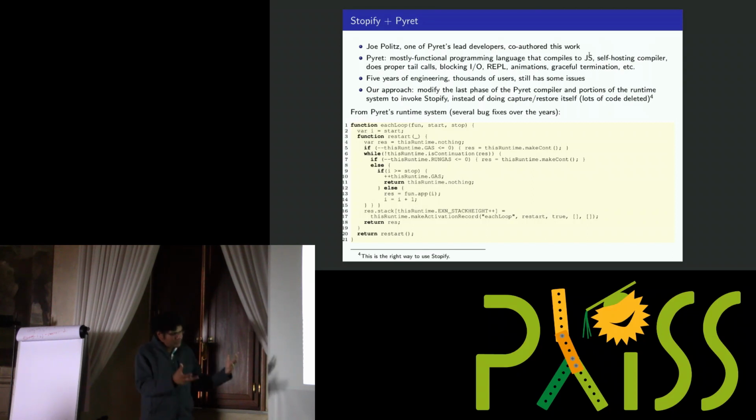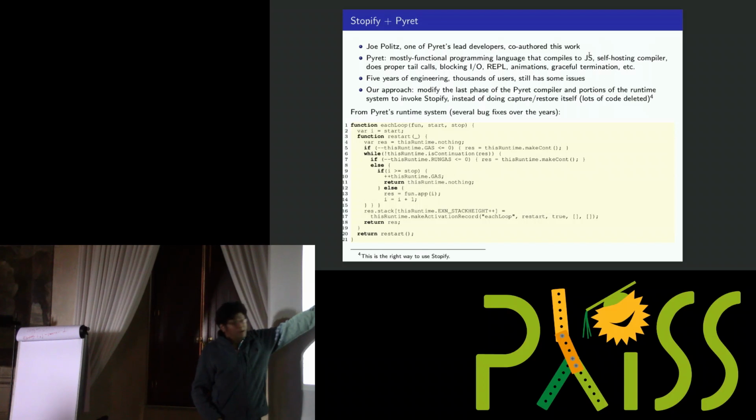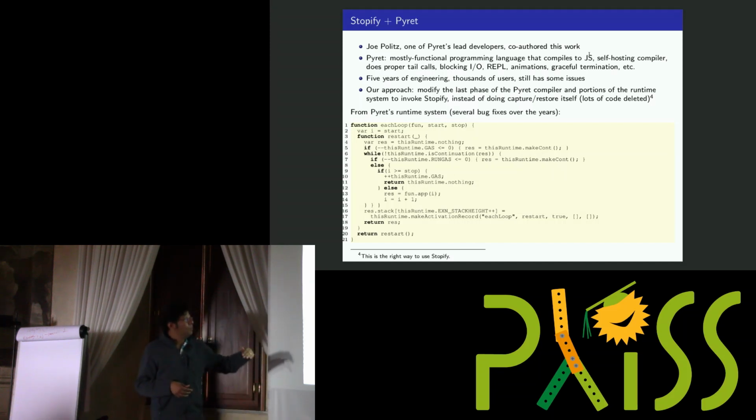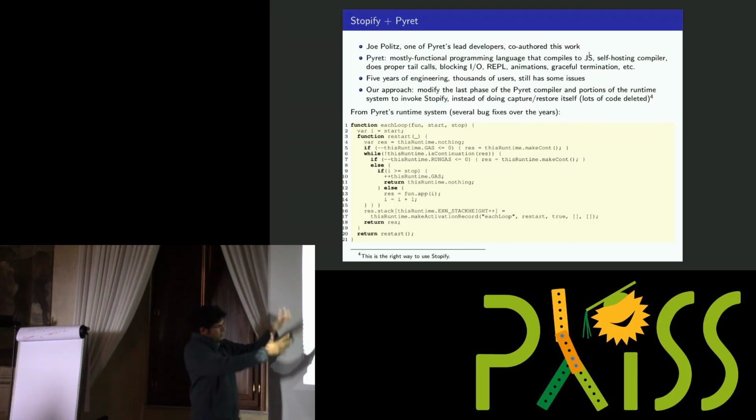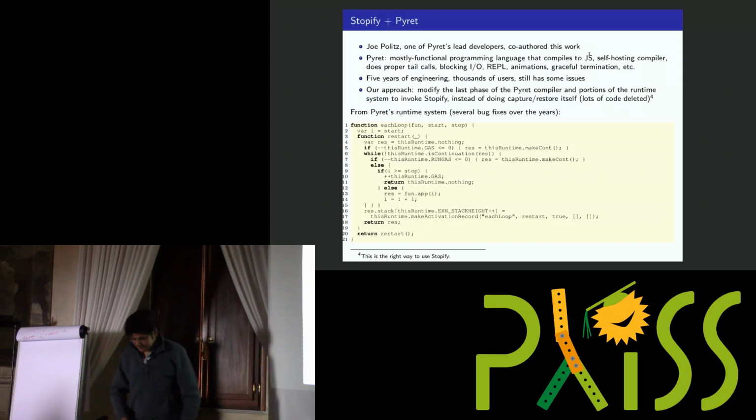Basically, it deals with the problem of what if this function needs to be suspended to keep the browser responsive while we're inside the for loop. It's handwritten in JavaScript for performance reasons, and there's a bunch of make cont and other continuation management nonsense around this.